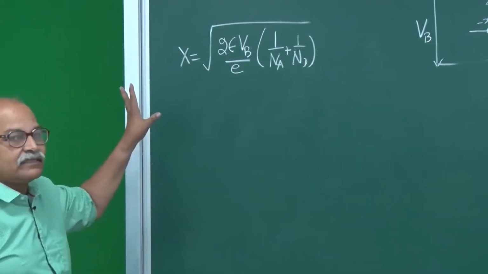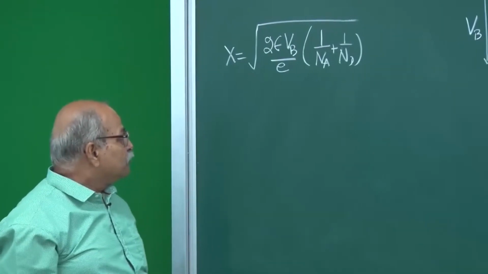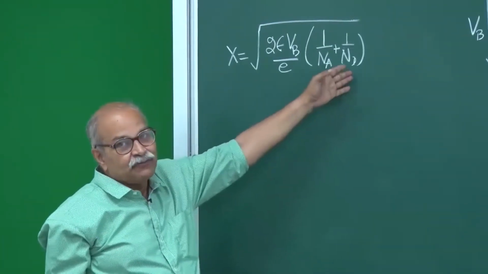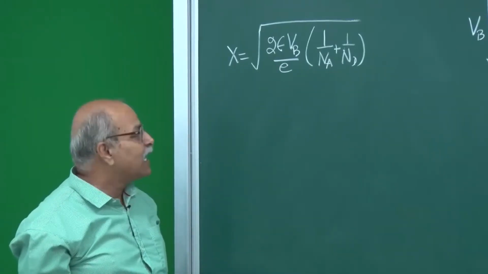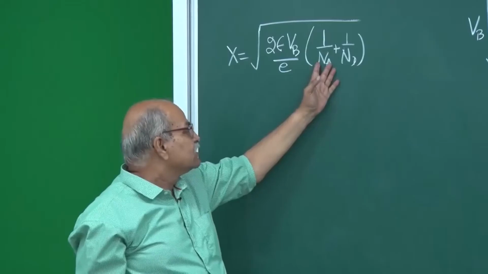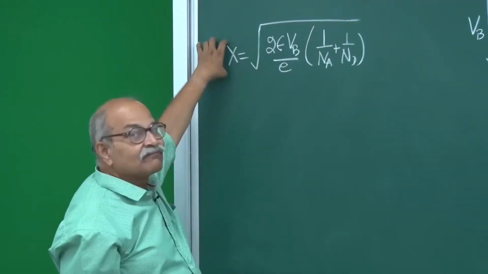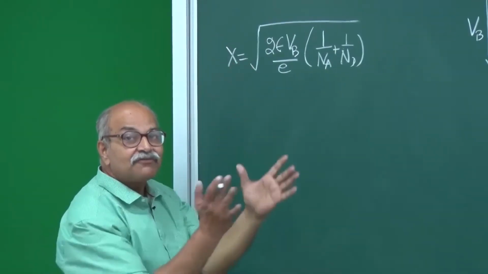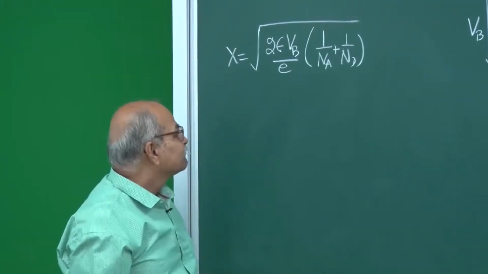So that's the relation. So if you increase this concentration, what will happen? If you increase Na or Nd or both, what will happen? This increases, so this whole thing decreases and this decreases, right? So heavier is the doping, smaller will be the depletion layer, and vice versa.